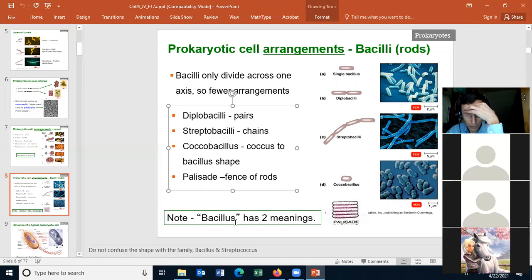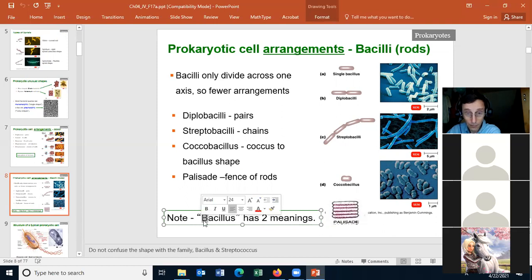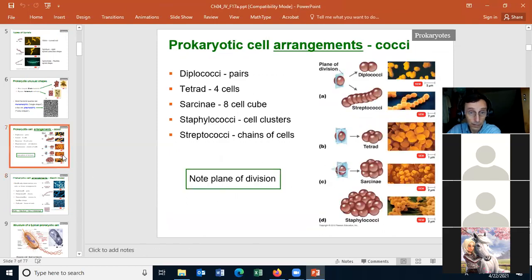Don't get that confused with the shape, and we will always use a lowercase b to mean a rod-shaped cell. And the same thing with streptococci. Streptococci is a growth arrangement of cocci.